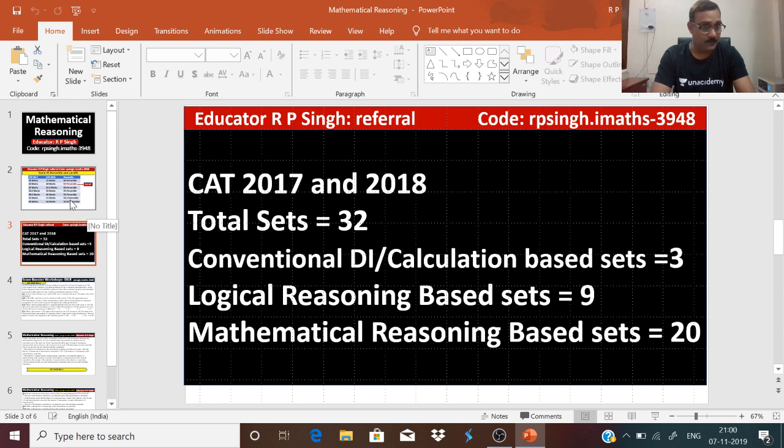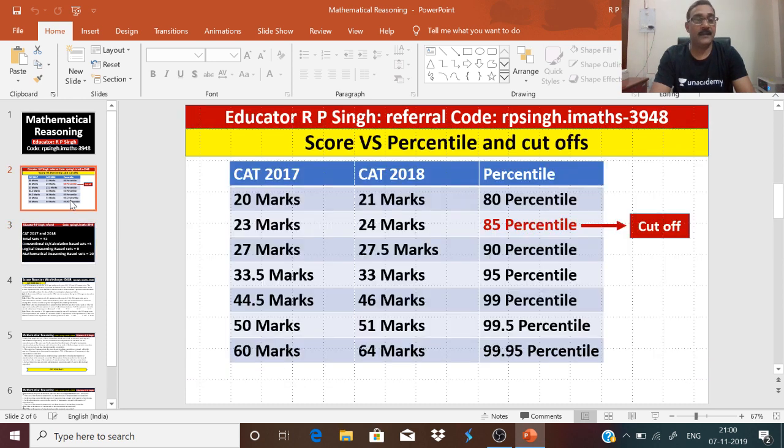Before starting the set, let me give you an idea of how many sets are required to solve in the CAT exam. To clear the cutoff, 85 percentile is sufficient in the DILR section, and in CAT 17 and CAT 18 that meant 23 marks and 24 marks.